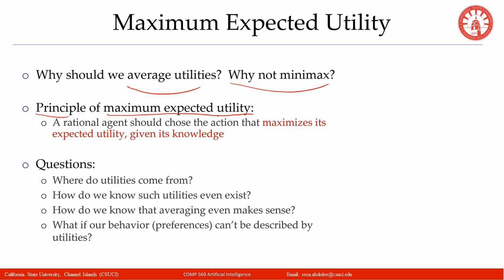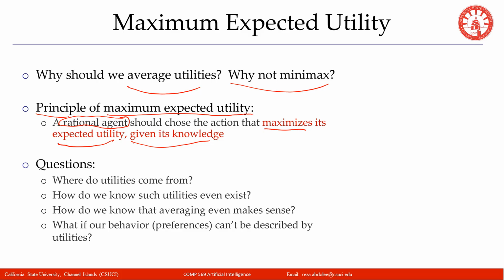If you remember, at the beginning of this course we said that we are going to design rational agents. Those rational agents we define as agents whose actions are going to maximize their expected utility, given their knowledge.